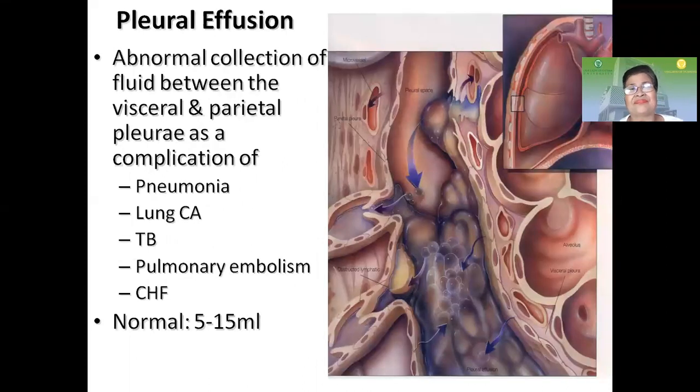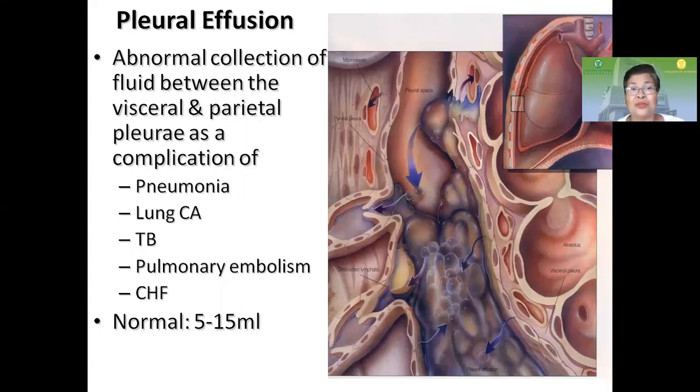Okay. So, next condition, pleural effusion. Ano yung tinatawag natin pleural effusion? This is abnormal collection of fluid between the parietal and visceral pleura, which is a complication of pneumonia. Siyempre, pagka namaga yung lungs. So with pneumonia, pneumonitis, there could be fluid in the pleural cavity.